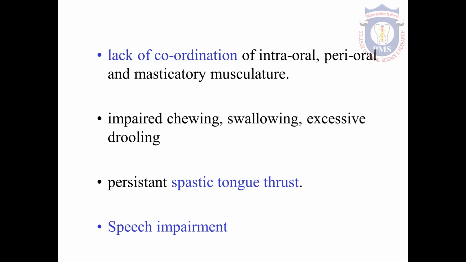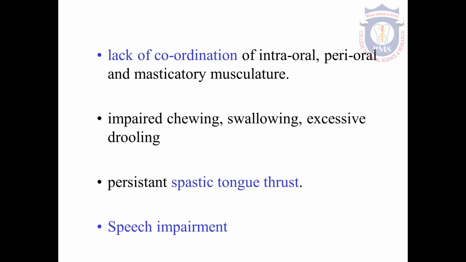Instead, you can see drooling of the saliva. That is another feature. In very young babies you might sometimes see drooling, but after some time they learn the swallowing mechanism and start swallowing, so there won't be any drooling at all.